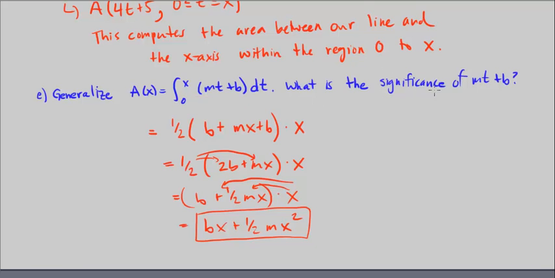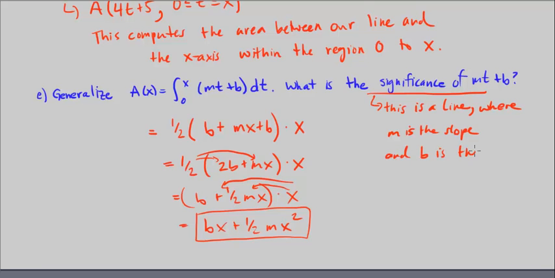Okay? So what is the significance of mt plus b? Well, the significance is this is a line, right? It's the equation of a line, and we know that m is the slope and b is the y-intercept.